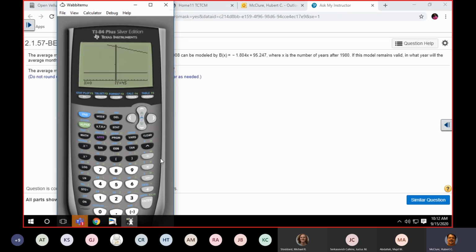And you can adjust your window however you want to. I'm just playing. So move the middle over to here. Hit enter. And now you start to see where they cross. And I want to find out where they intersect. So I hit second, trace.